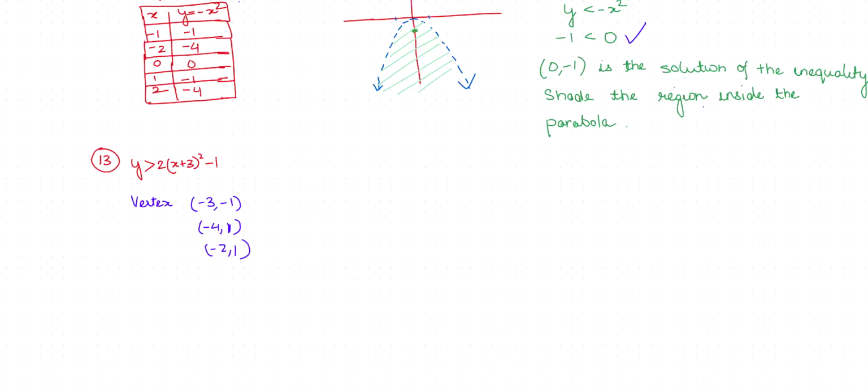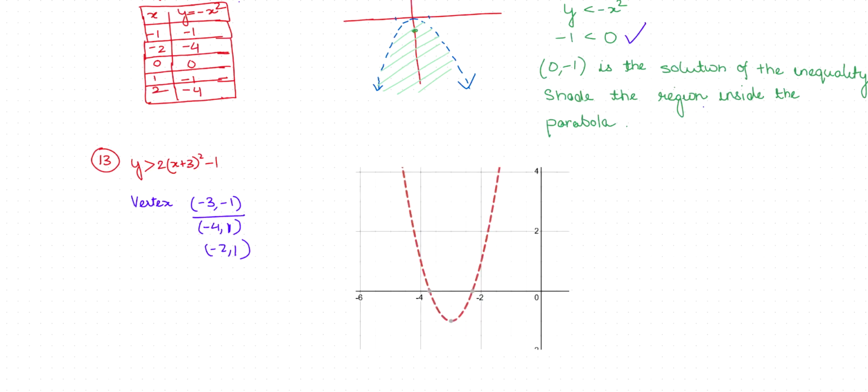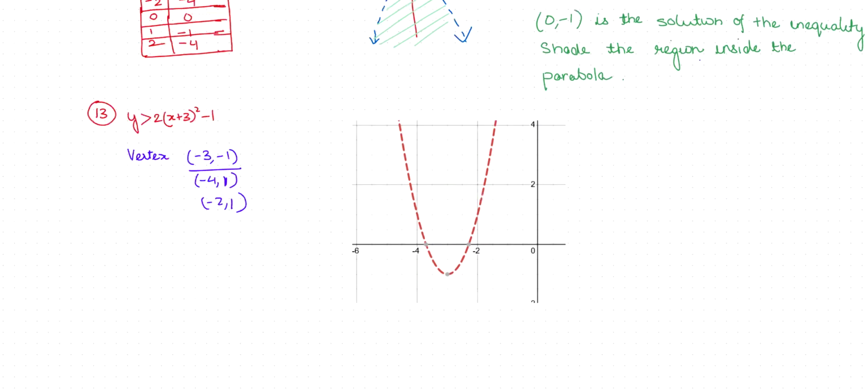So these are the 3 points we get by putting x, and this is the vertex. So let's graph this. Our graph will look like this, and because it is not an equal to sign, it is just greater than, we make it dotted. Now, because it is not passing through 0, 0, we can test 0, 0 to see if it is a solution of the inequality or not.